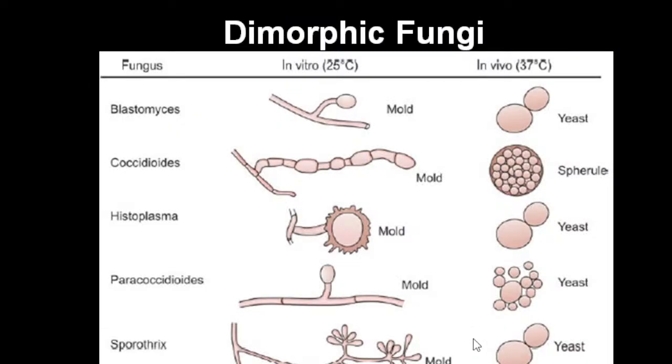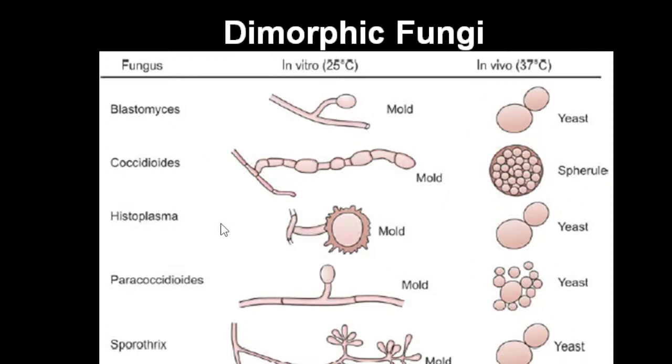And here you can see some examples of dimorphic fungi that have this mold shape under 25 degrees Celsius and convert into yeast-like structures.